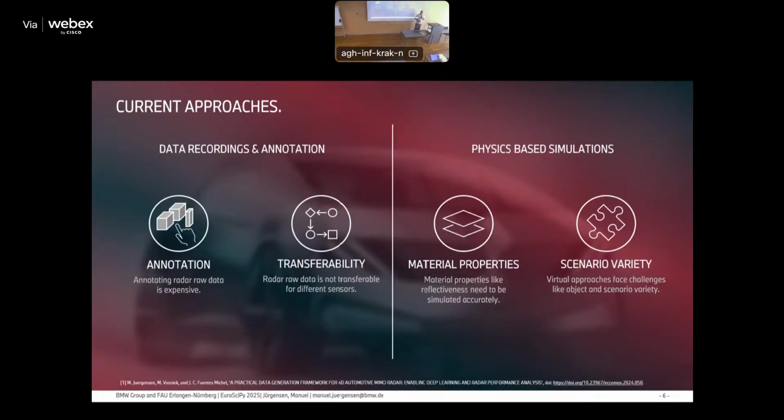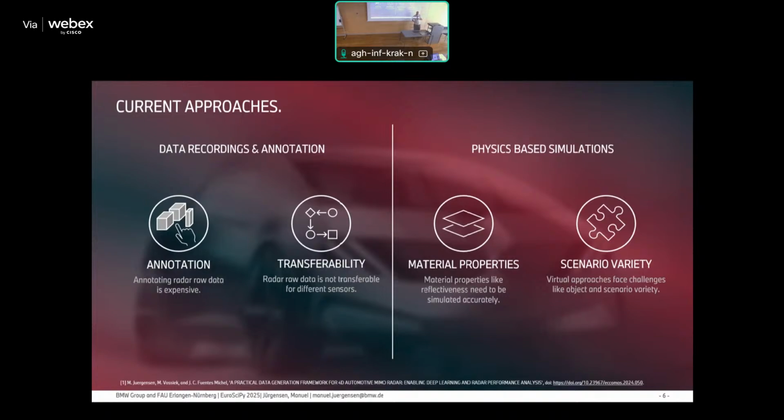The other thing is, as soon as you have labeled one data set of raw data and you want another radar sensor because it performs better, you can't transfer the annotations you made for one data set with one physical radar. So maybe we can solve those problems with physics-based simulations.